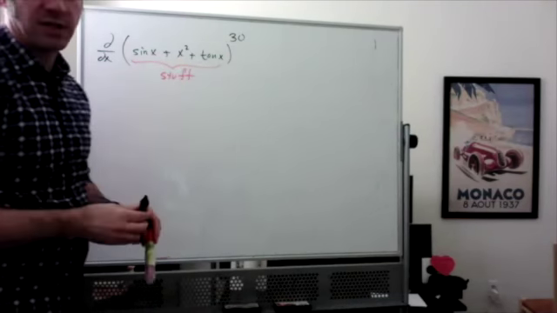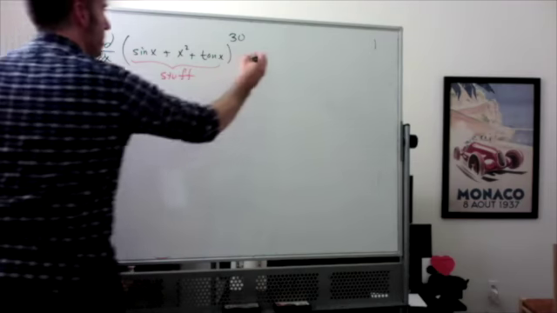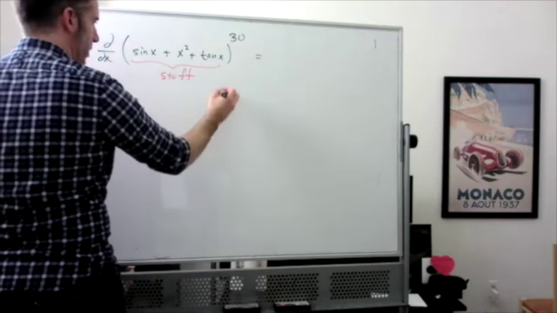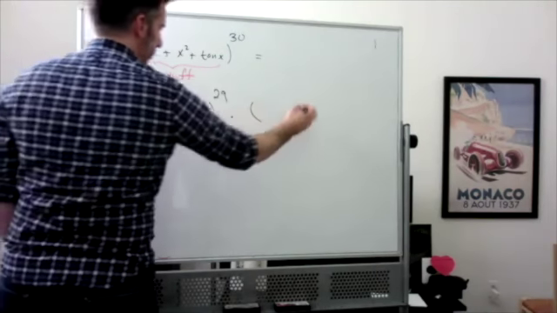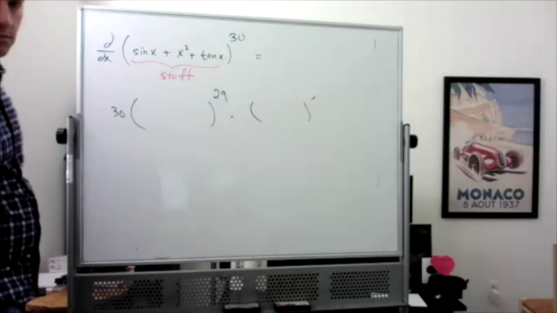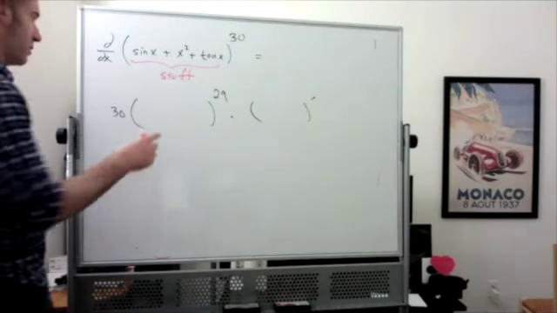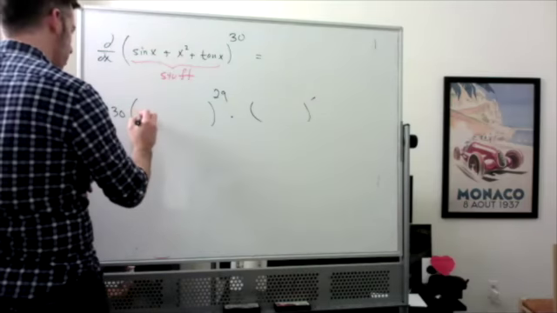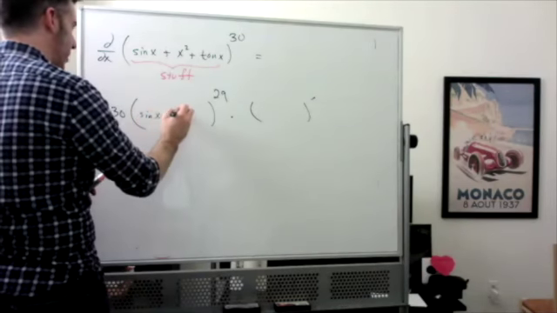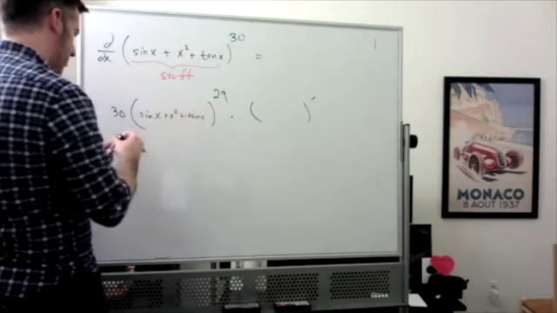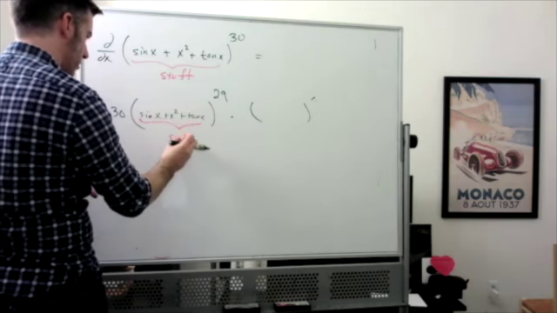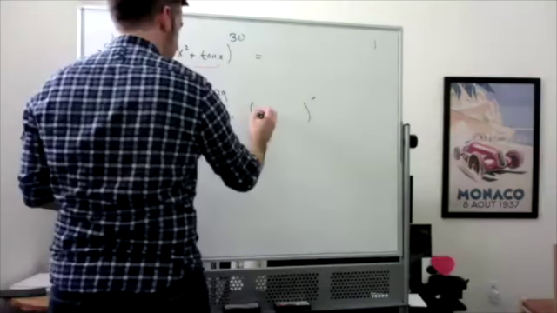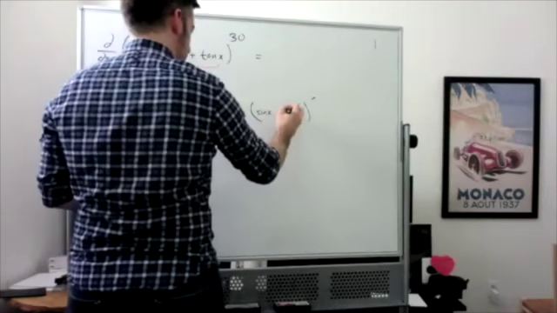The derivative of some stuff to the 30th power is going to be 30 times my stuff to the 29th power times the derivative of my stuff. It's going to be 30 times sine x plus x squared plus tangent x to the 29th power times the derivative of sine x plus x squared plus tangent x.